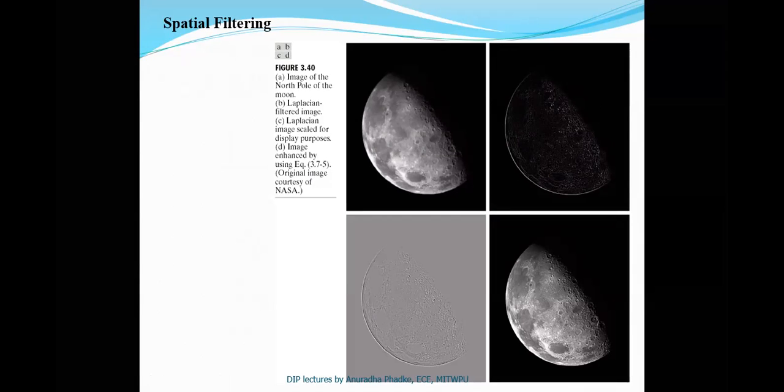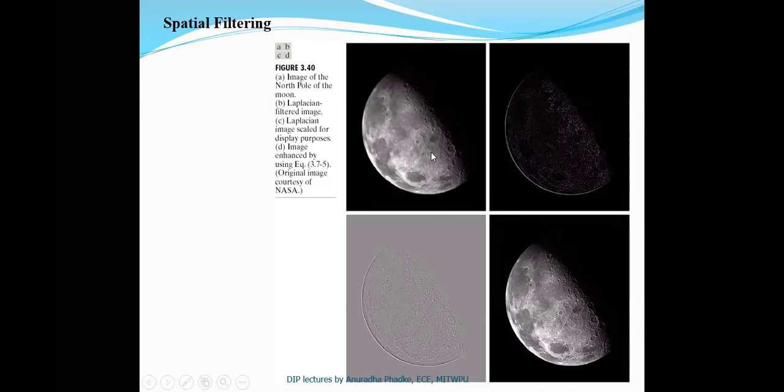Okay, now we can add this edge detected image with original image to get this resultant image. Or look at the last image. Okay, so compare this last image with very first image.